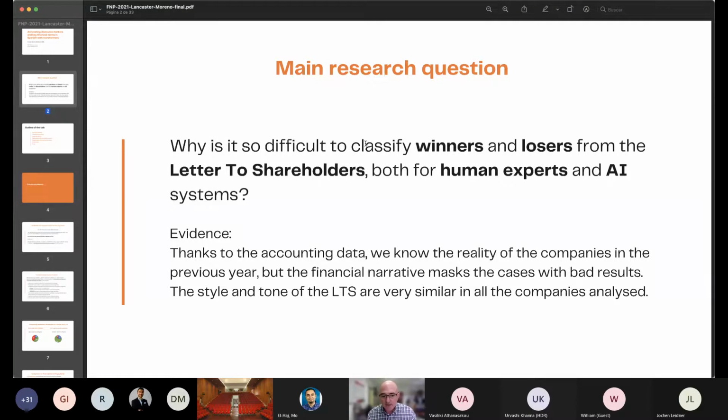And we have the evidence that the style and the tone of the letter to the shareholders are very similar in all the companies analyzed. So we want to study this particular research question, and it is what we are talking about this time.